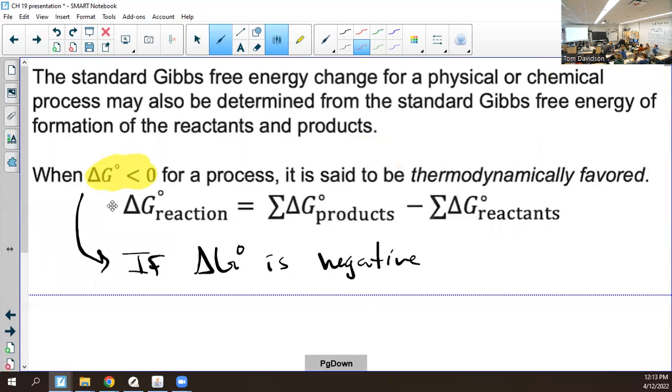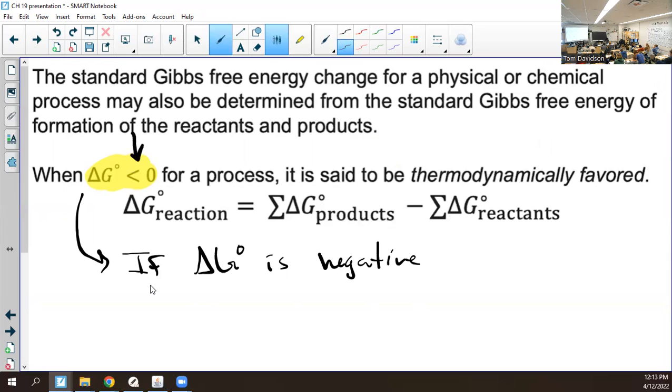Here we go. So the standard Gibbs free energy change for a physical or chemical process may also be determined from the standard Gibbs free energy of formation of the reactants and products. So this should look exactly the same as delta S and delta H did, and as we did yesterday. All right, this presenter loves greater than and less than signs, which I don't. I would rather just say the word negative or positive.